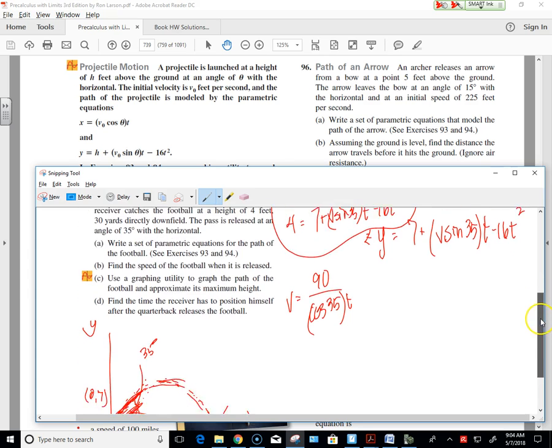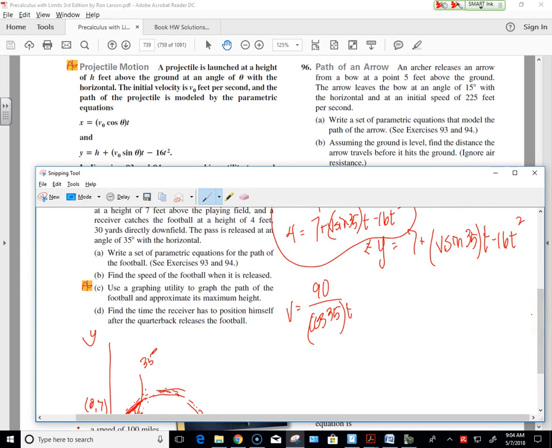And when I plug into the other equation, I end up with 4 equals 7 plus, and I could just plug in 90 over cosine 35t. That's v, sine of 35 t minus 16t squared.